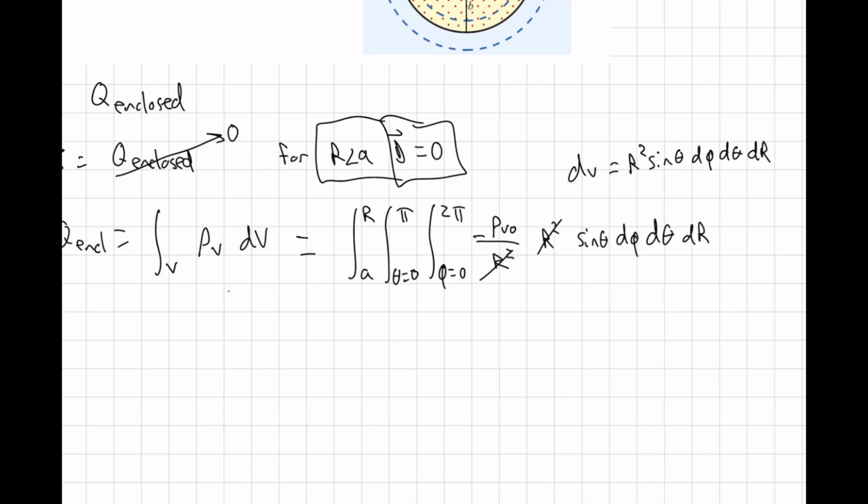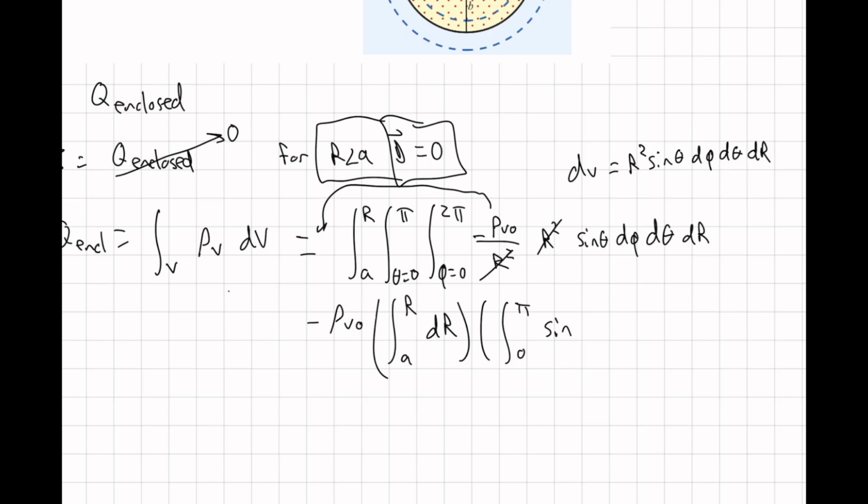These r's are going to cancel. We can take this constant out and we get negative rho v naught multiplied by the integration a to r of dr multiplied by the integration 0 to pi of sine theta d theta multiplied by the integral of 0 to 2 pi of d phi.